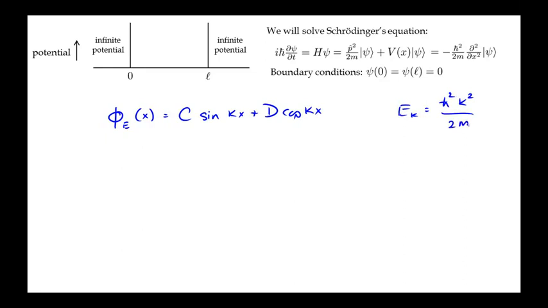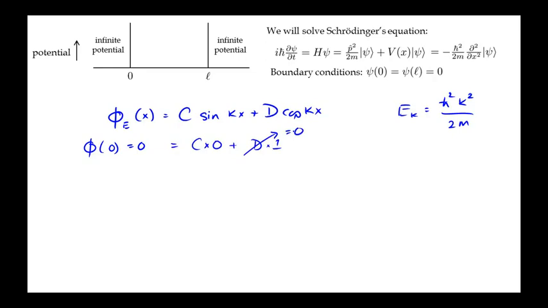Now we have to impose two conditions. We have phi of 0 must be equal to 0. So at 0, sine kx equal to 0, and this is equal to c times 0 plus d times 1. So that already tells us that d equals 0.